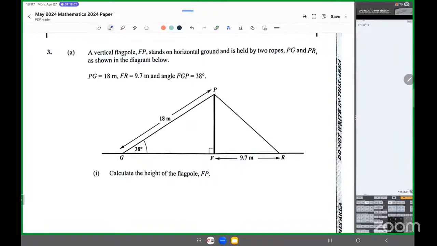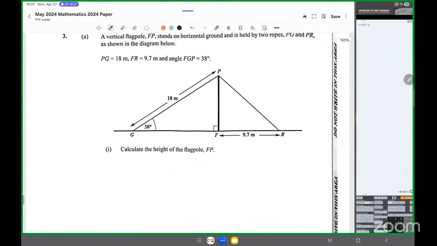It says calculate the height of the flagpole. To calculate the height of the flagpole, we're going to work in this triangle because we have more information in it. So the height of the flagpole is going to be the opposite to this angle, and that's the hypotenuse, don't it? So we're going to connect them with sine. Sine of an angle is opposite over hypotenuse, right?